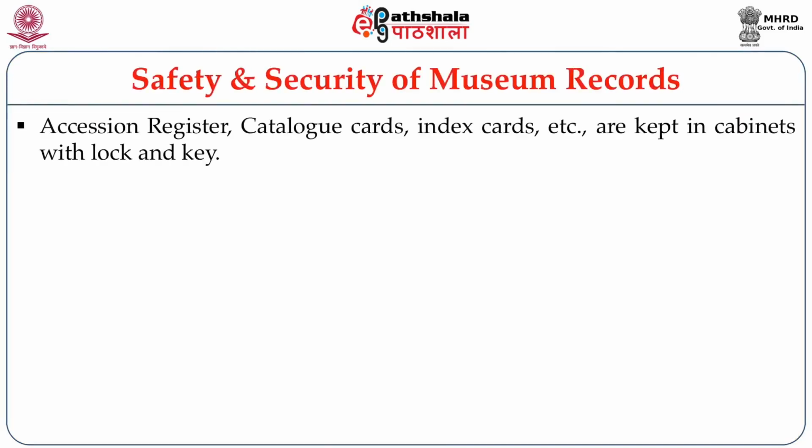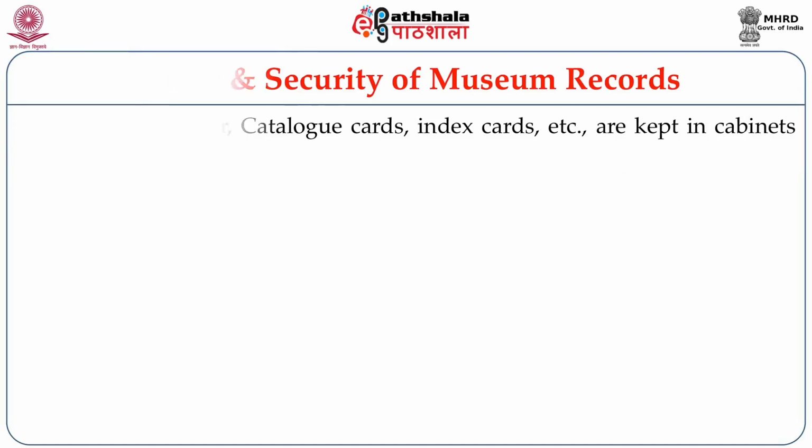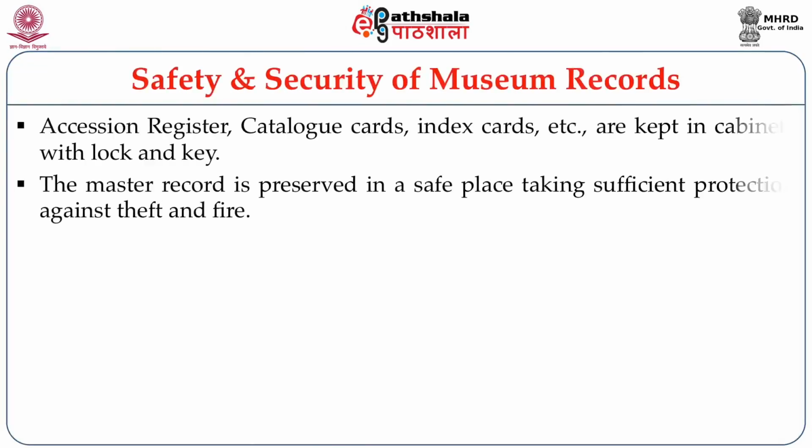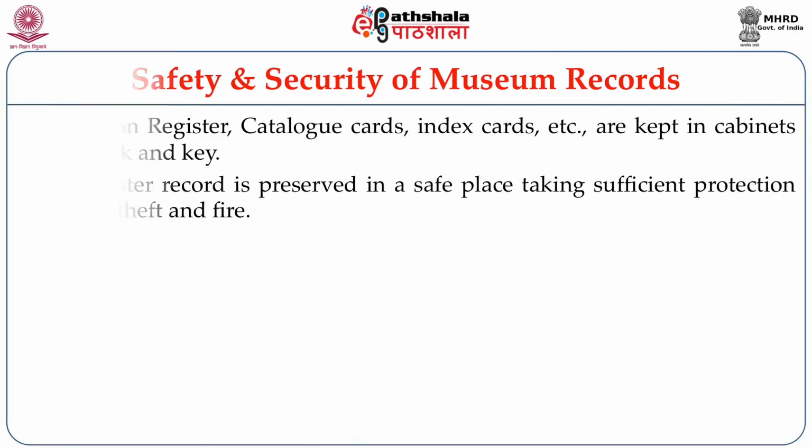Access and register, index cards, etc. should be kept in cabinets or in almirahs with locks and keys for proper safety and security of museum records. The master record should be kept in a safe place, taking sufficient protection against theft and vandalism, and other types of problems.